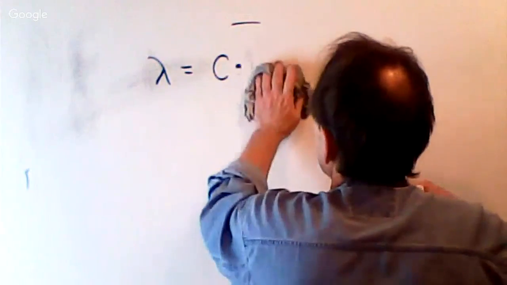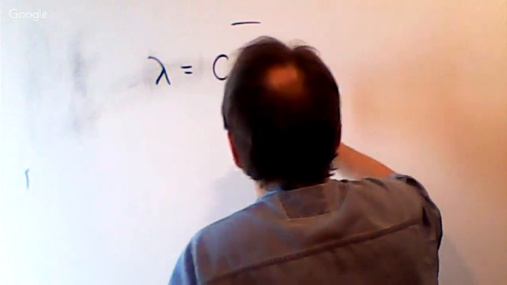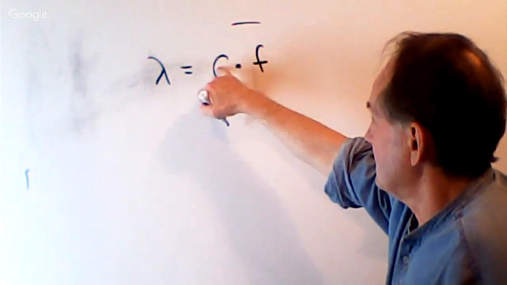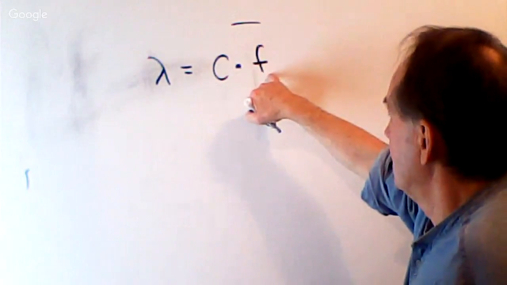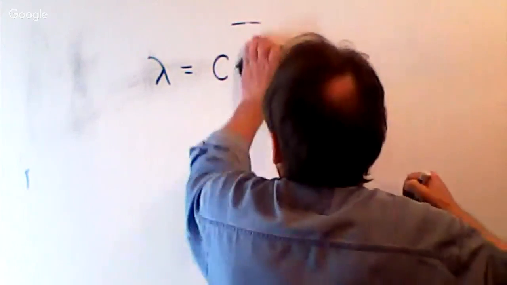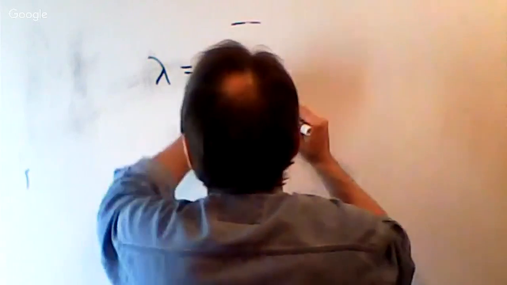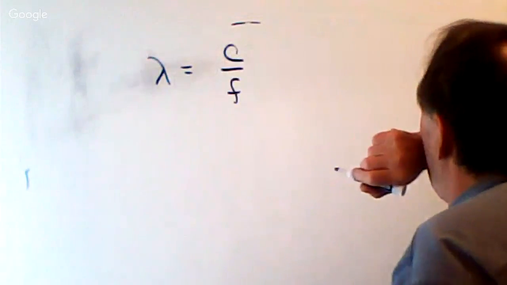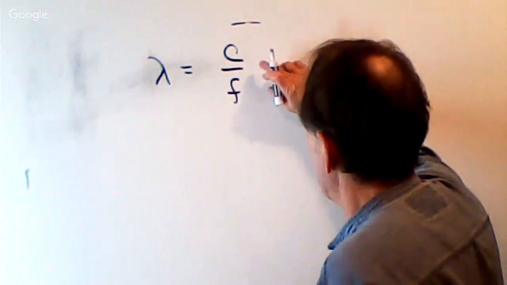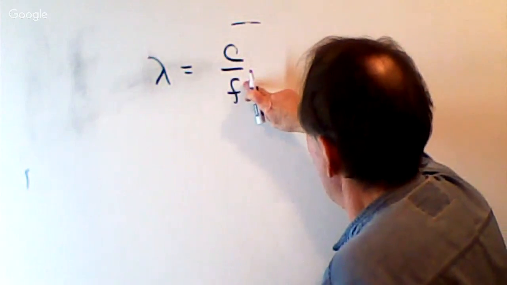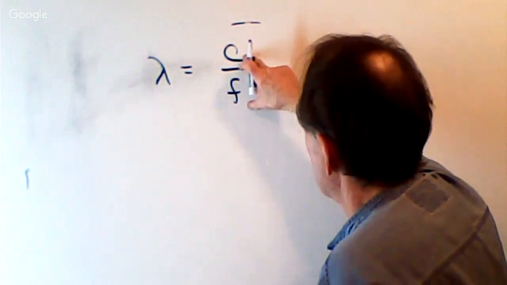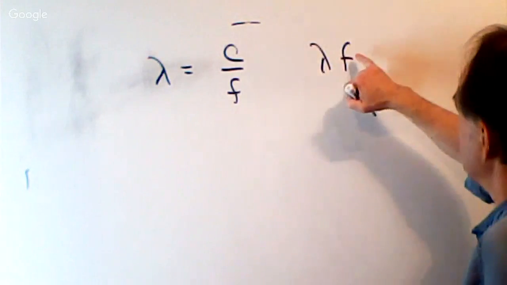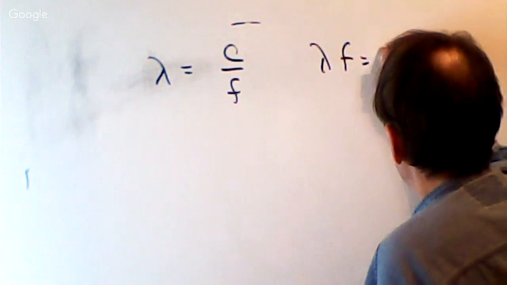F stands for frequency, cycles per second. So C divided by F. This is meters per second. This is 1 over second. So this ratio comes out to meters, or lambda. So this is a velocity, the speed of light.